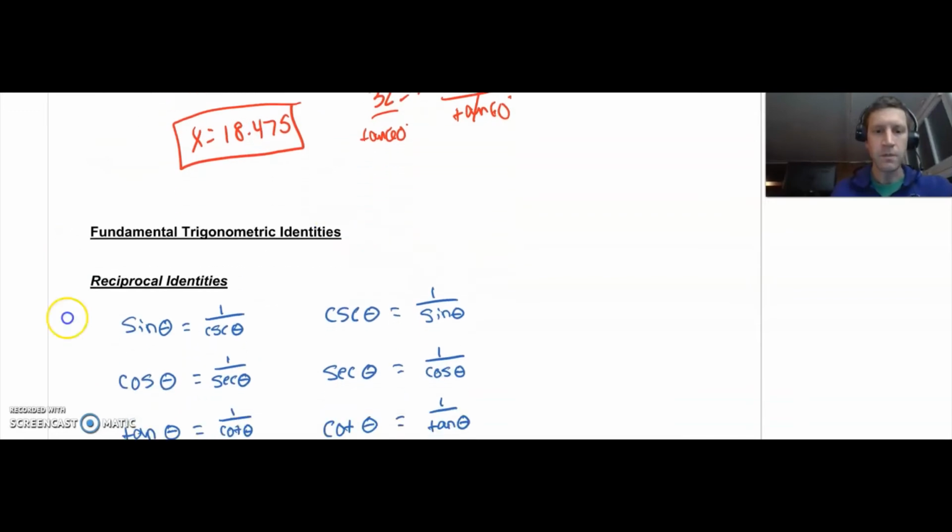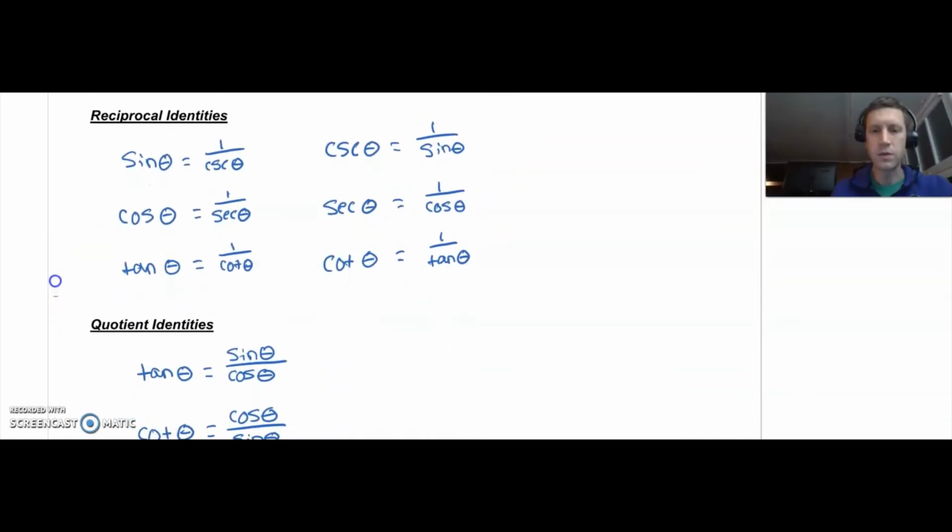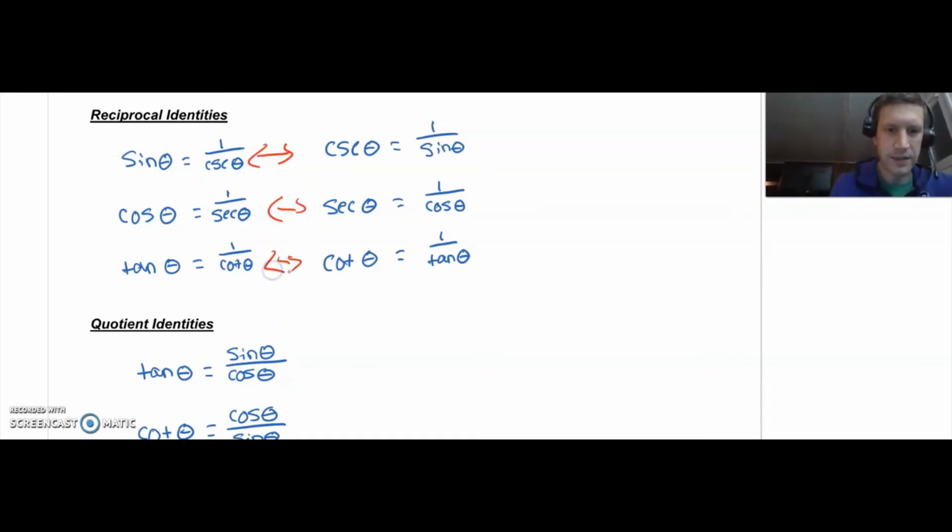All right, guys, feel free to pause to get these written down, but reciprocal identities, we talked about sine and cosecant partner together, cosine and secant, and then tangent and cotangent. Some people struggle to remember which ones pair up. I think tangent and cotangent is the one that everyone tends to remember.